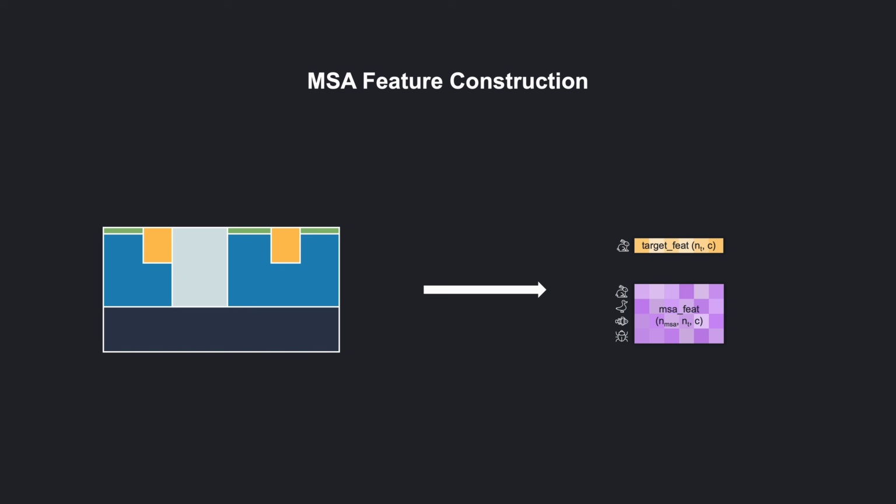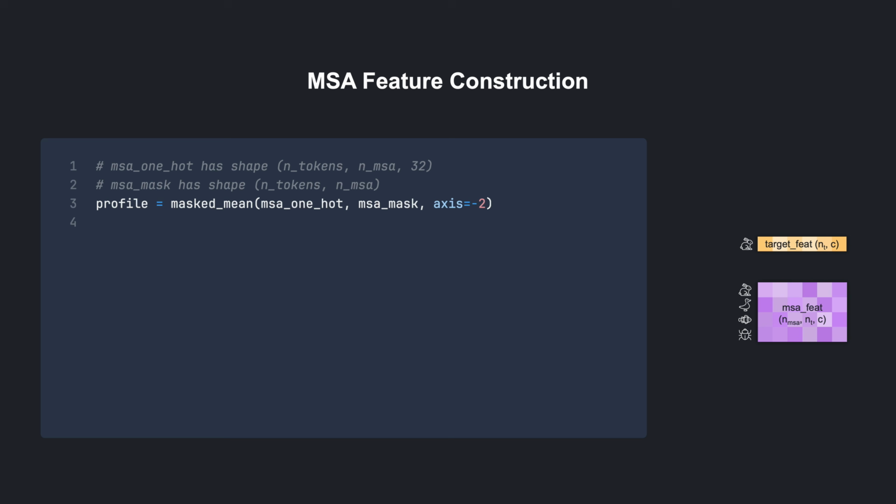The last step performs some calculations on the deletion count and MSA and assembles the final features. Concretely, we calculate the following values. First, the profile. For each token, the profile is the distribution over how often each residue type occurred at that position. So it's of shape number of tokens by 32, for the 32 different classes we used during encoding.